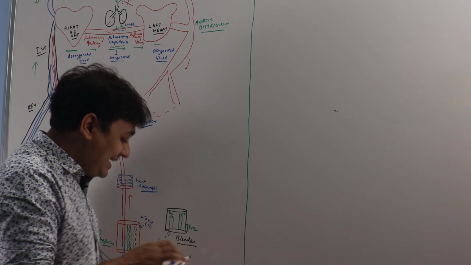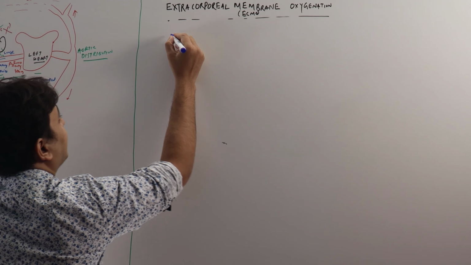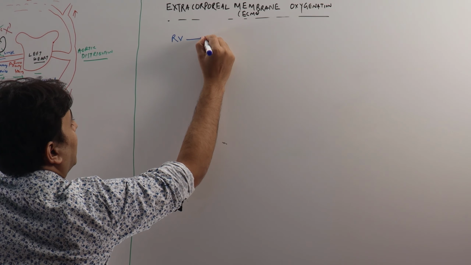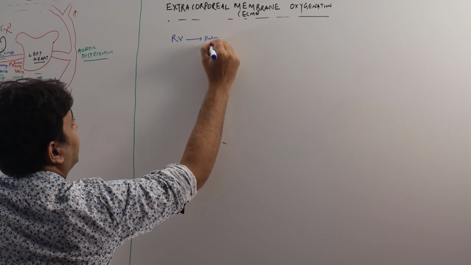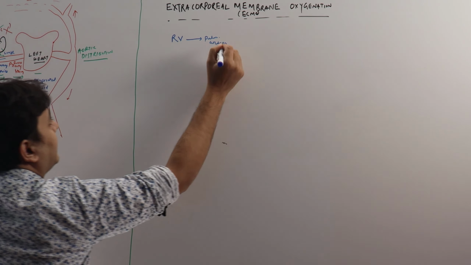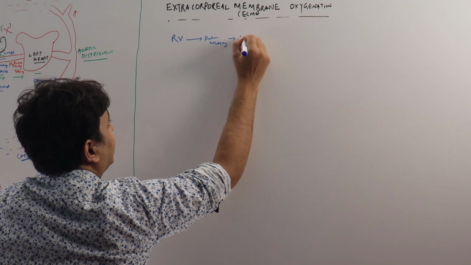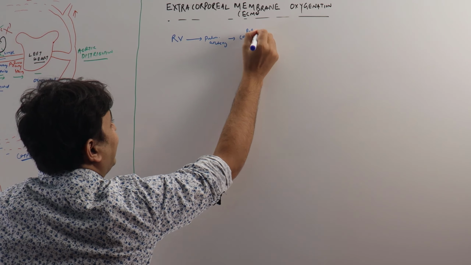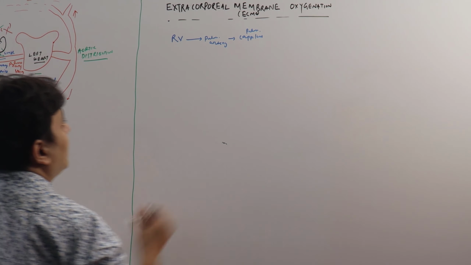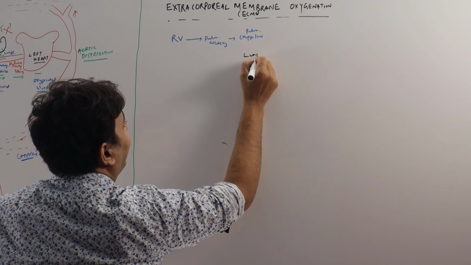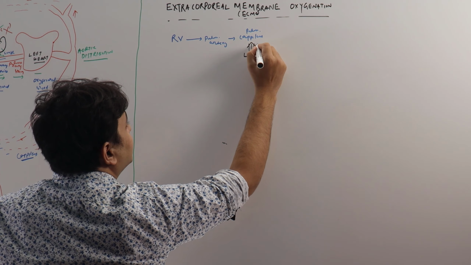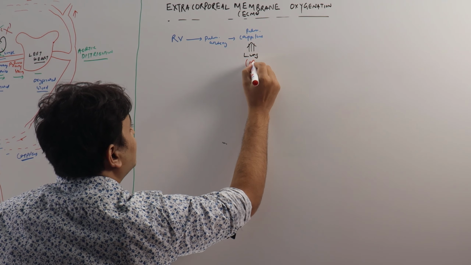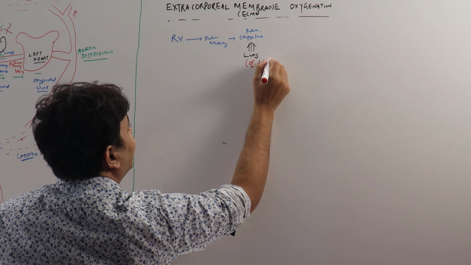So let us write it out, right? What happens is, from the right ventricle via the pulmonary artery blood goes to the capillary, it's called the pulmonary capillary. In the pulmonary capillary, here the lung, what it does is it gives oxygen to the blood and removes carbon dioxide, right?